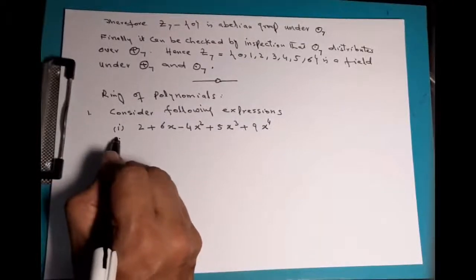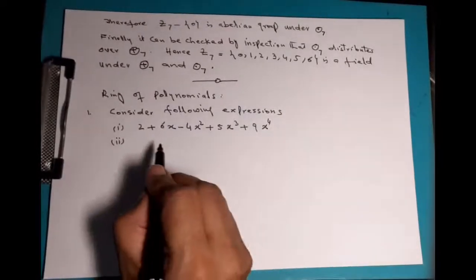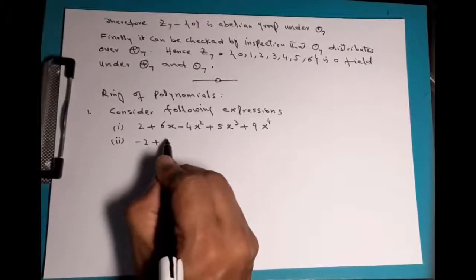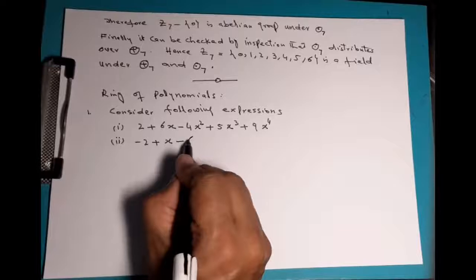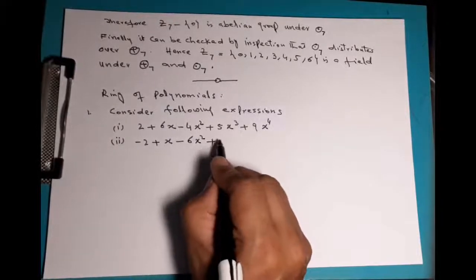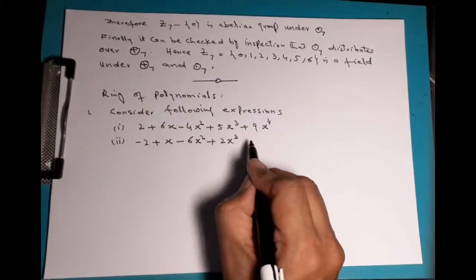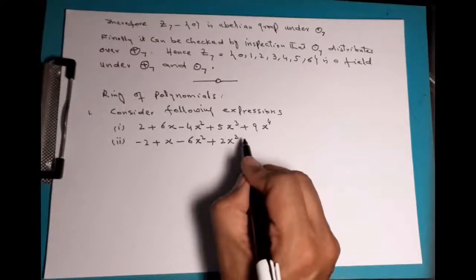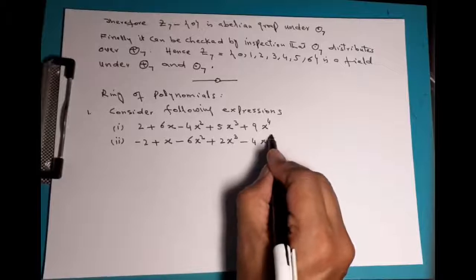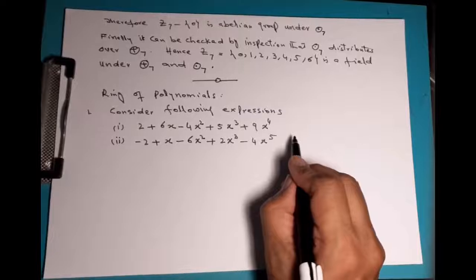Secondly, consider this expression: minus 2 plus x minus 6x square plus 2x cube minus 4x raised to power 5 plus 13x raised to power 6.